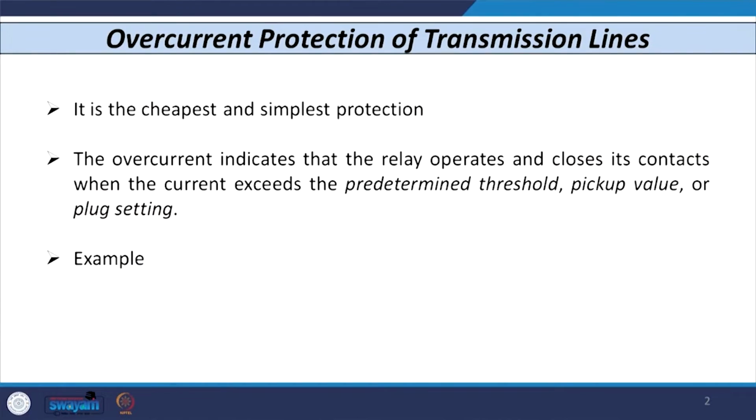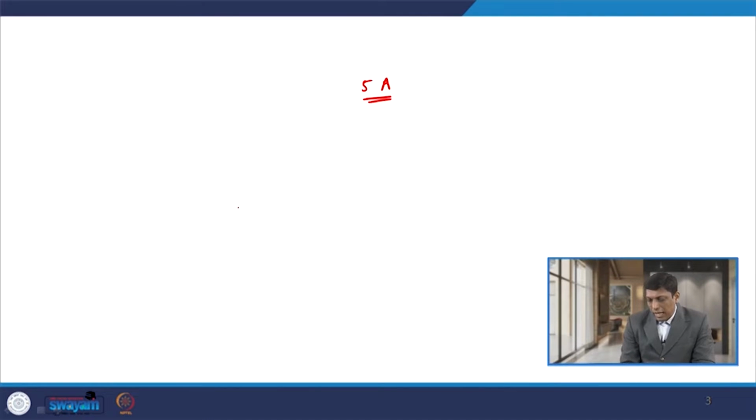For example, if the current exceeds 5 ampere, then the relay operates. So, this 5 ampere is known as the pickup value or plug setting.